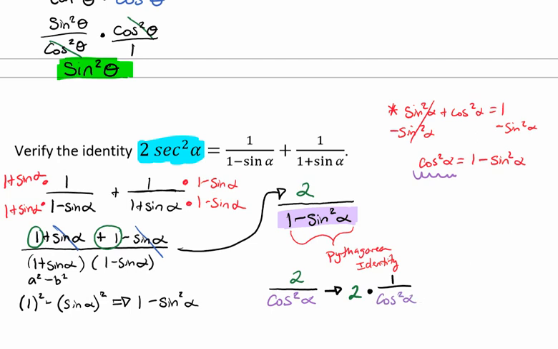And we know that this piece right here is the same as a secant squared of alpha. And that's going to end up giving us a 2 times a secant squared of alpha.